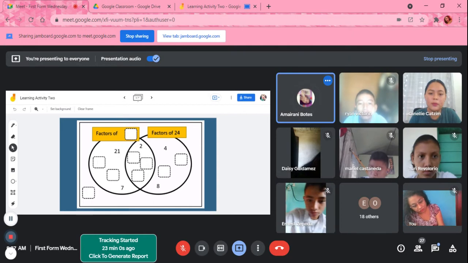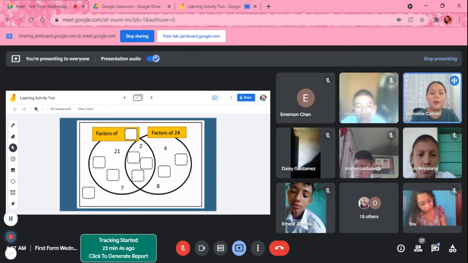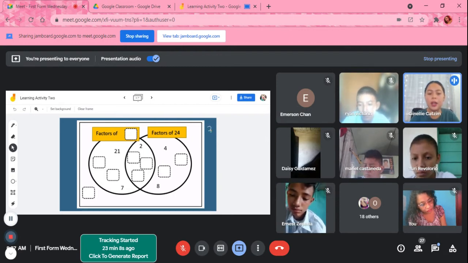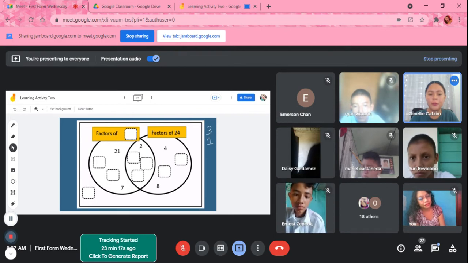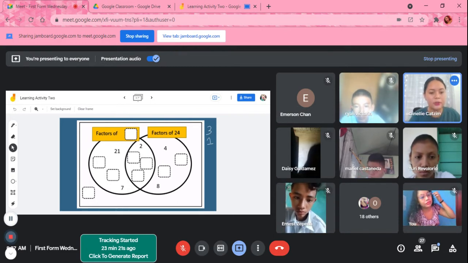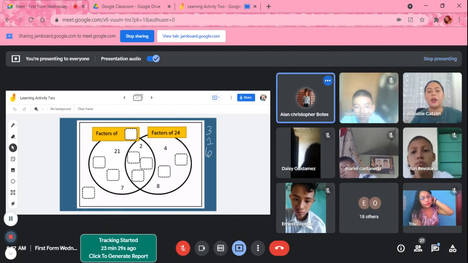3, 2. So we have first 1, 2, 3, 4. 5 is not a factor, right? Is 6 a factor? Yes. So we write 6 somewhere in the middle, just to be sure.